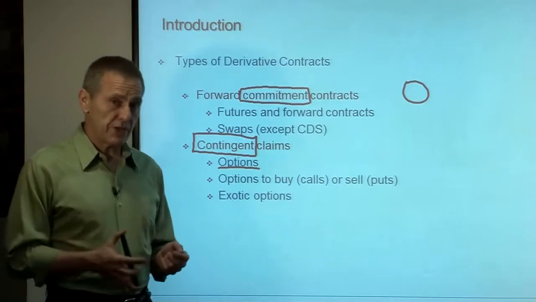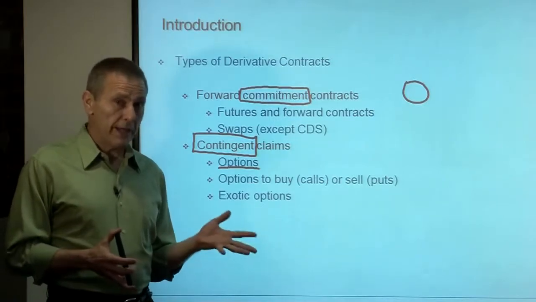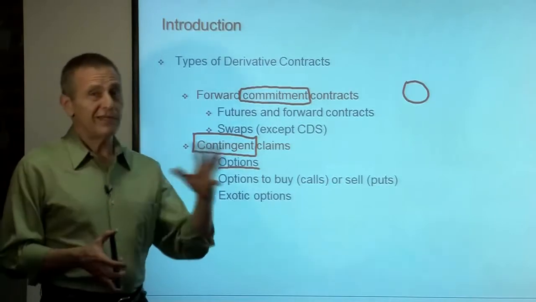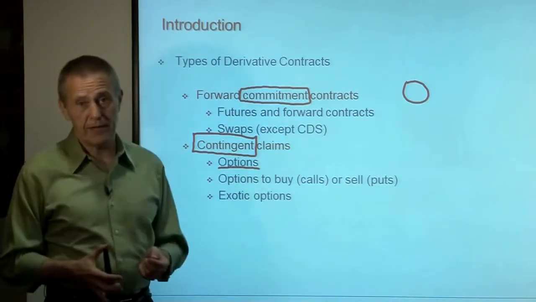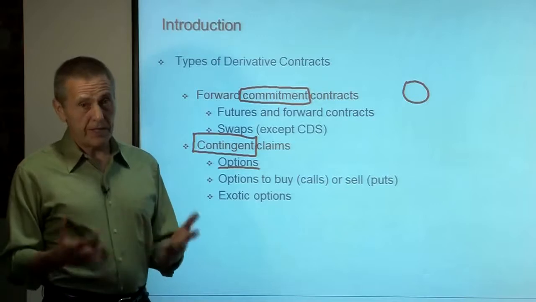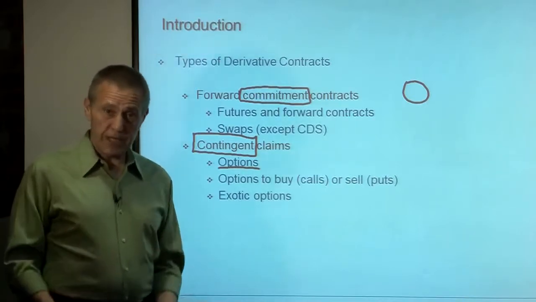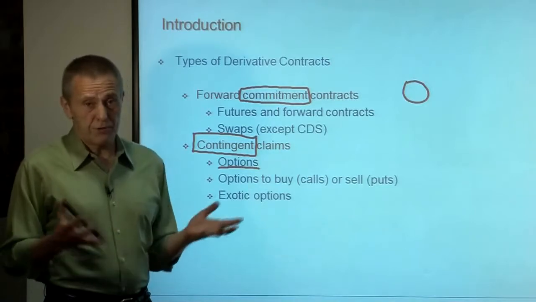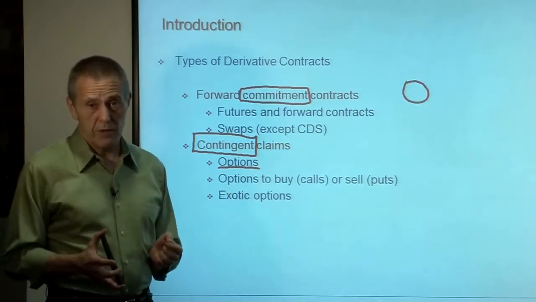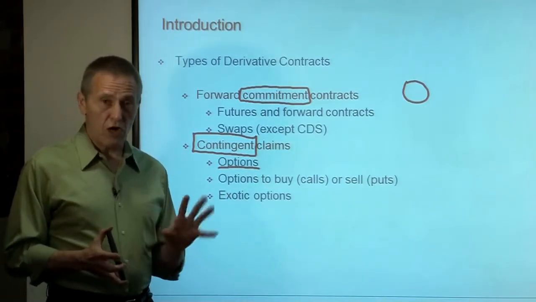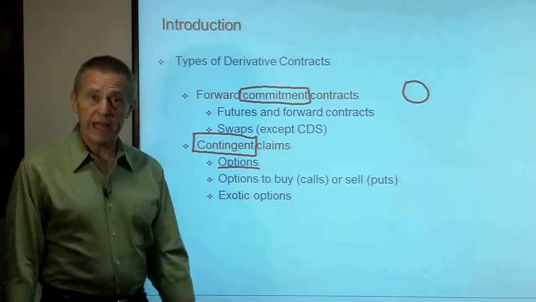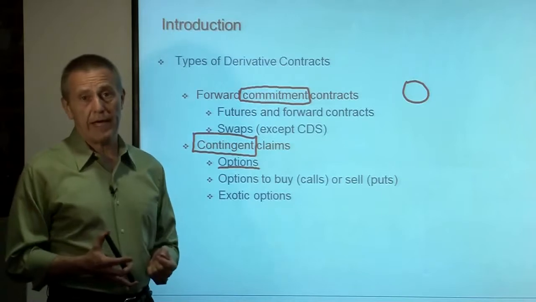So in a basic option contract, the buyer of the option acquires the right to do something, right to buy if it's a call, right to sell if it's a put, and again, we'll talk about that in great detail later. But the seller of the option incurs an obligation to fulfill the contract. In other words, grant to the owner of the option the right to do whatever they have the right to do. So if the owner of a call has the right to buy the underlying asset, the writer of the call has the obligation to sell the underlying asset.